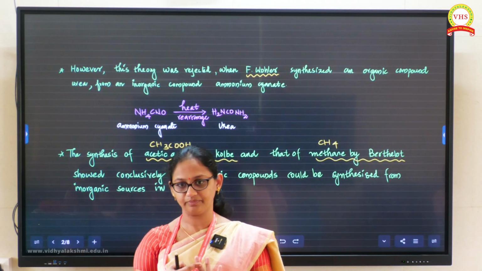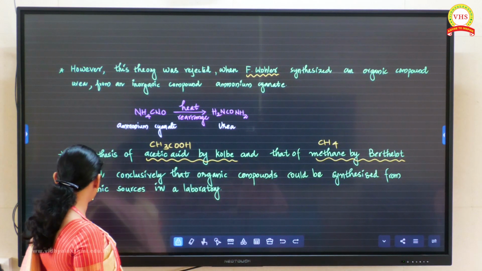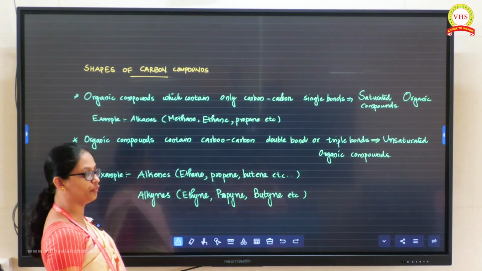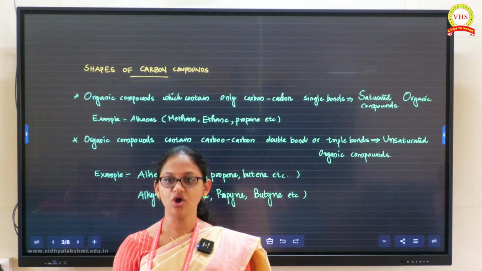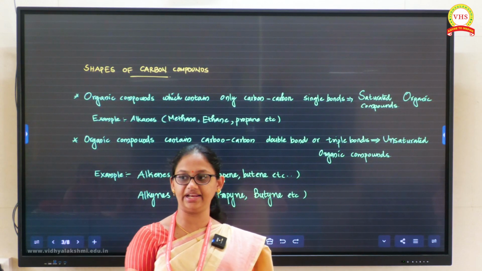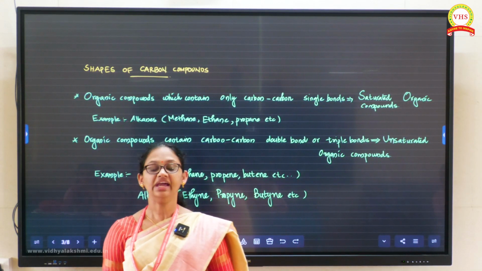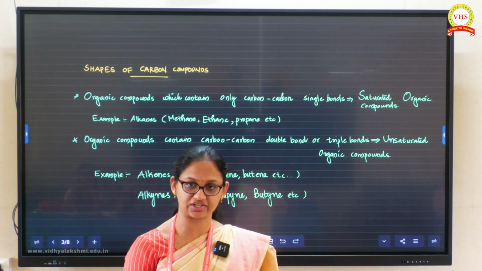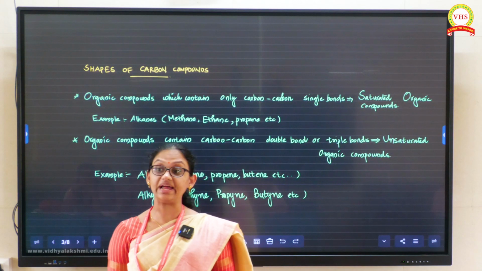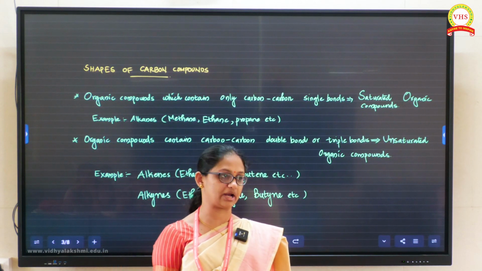Yes, it is clear. So we can discuss the shape of carbon compounds. All organic compounds contain carbon atoms. In the last chapter, chemical bonding and molecular structure, we studied hybridization of carbon atoms.